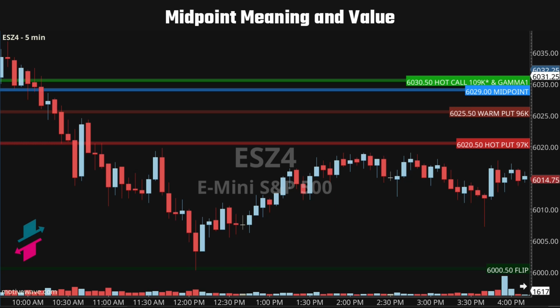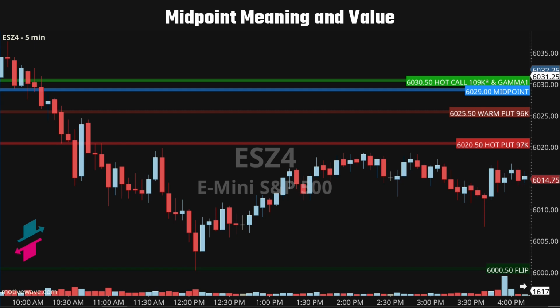Absolutely. So the midpoint is driven programmatically. And basically, it only appears when the flow between the top two calls and the top two puts are within about 20% of each other. So when I was back testing balanced days, and if we look at the market, even in options through auction theory, you'll find that when there's similar levels of demand for downside and upside exposure, the market tends to be more pinned.